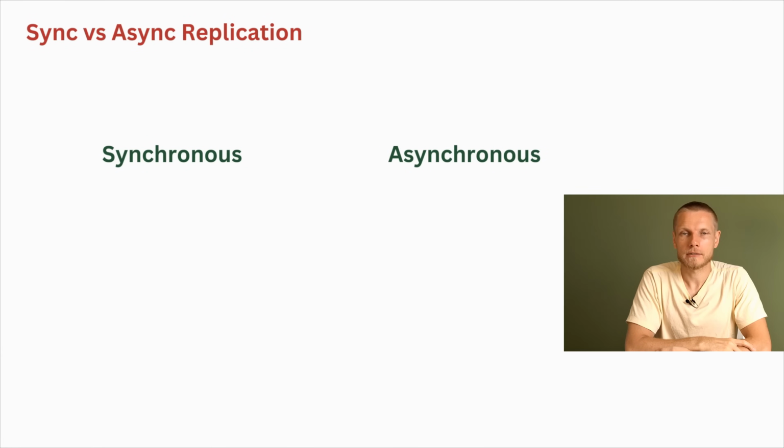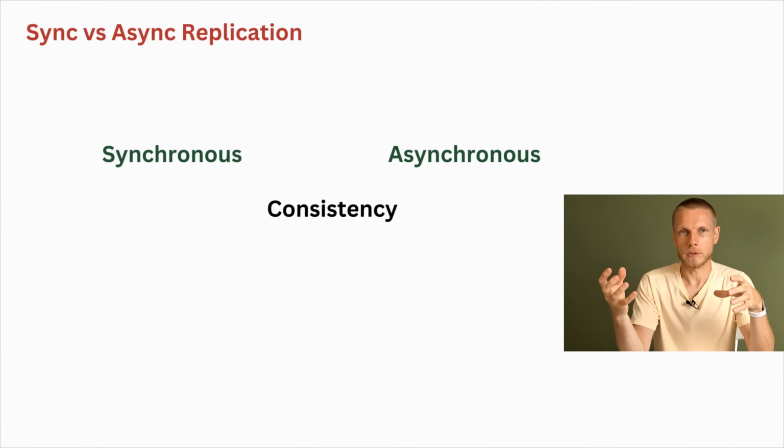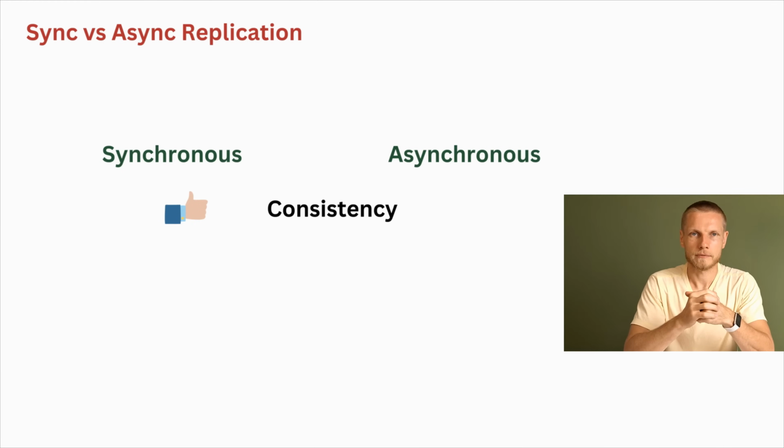Let's summarize the trade-offs of asynchronous and synchronous followers. So, first one is consistency. With synchronous followers, all replicas are always consistent with each other. And with asynchronous replicas, we have a lag which leads to inconsistency. So definitely synchronous followers win here.